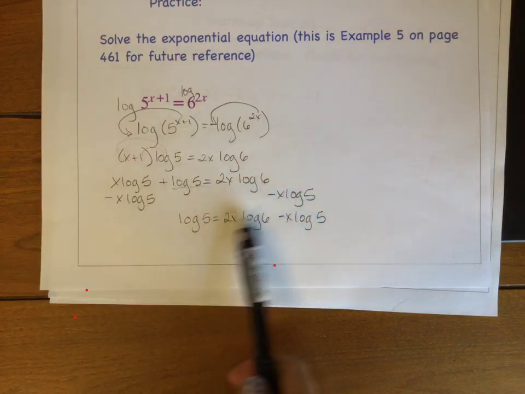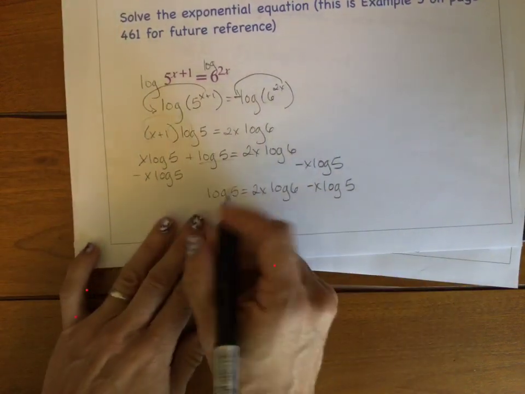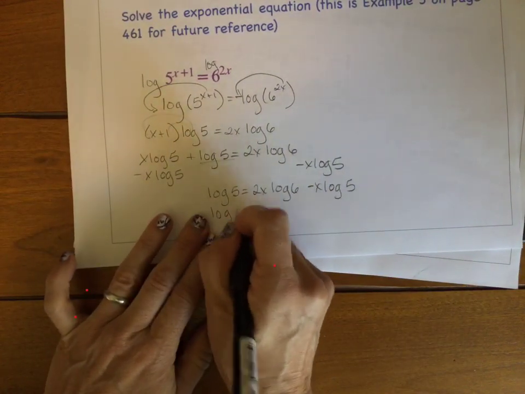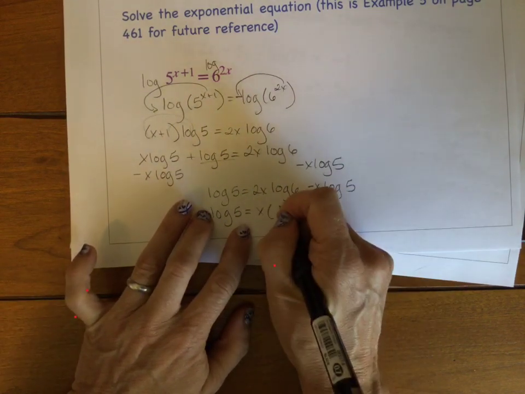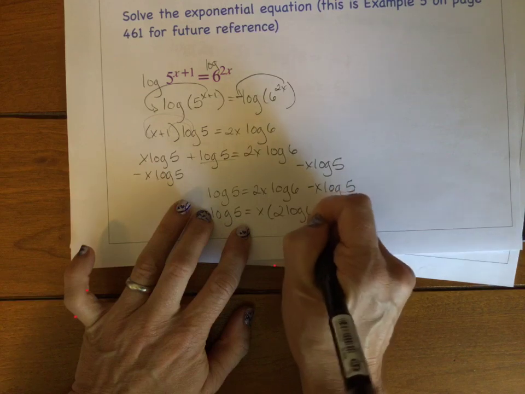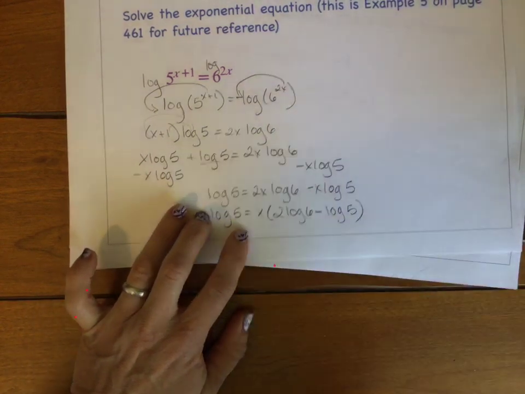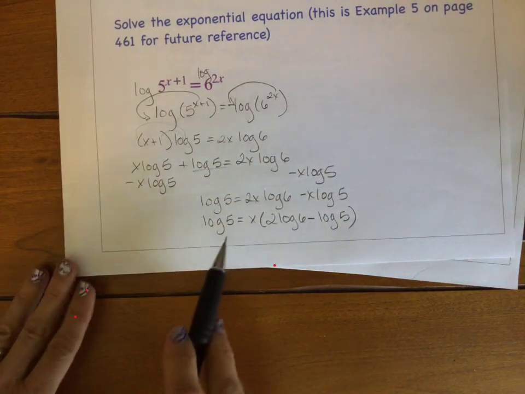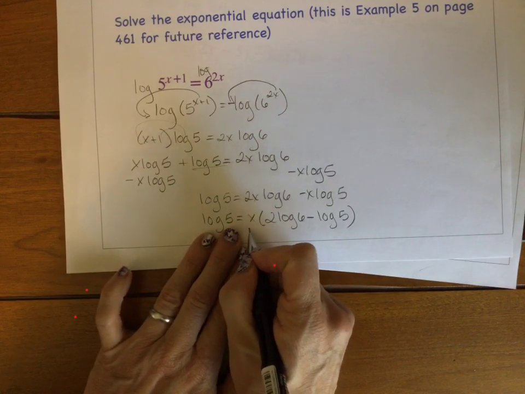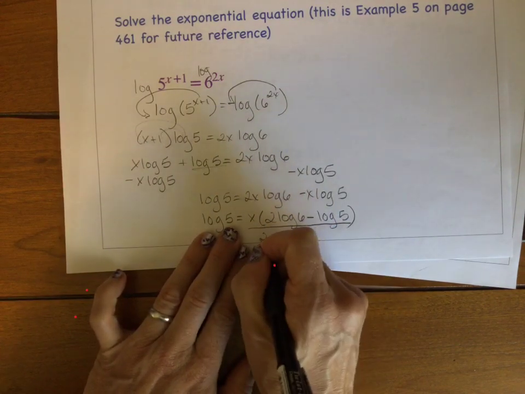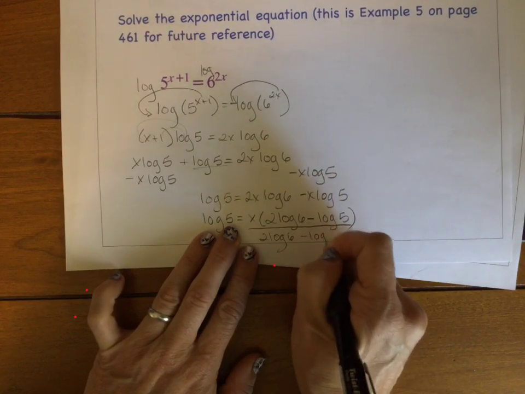And the only thing these two terms have in common is the x. So if I factor out the x, I'm left with 2 log 6 minus log 5. And now I've done what I wanted to do. I've got my x in one place. So I'm going to divide both sides by 2 log 6 minus log 5.